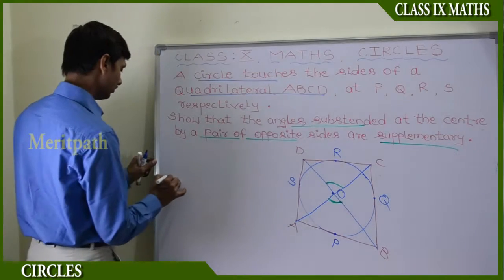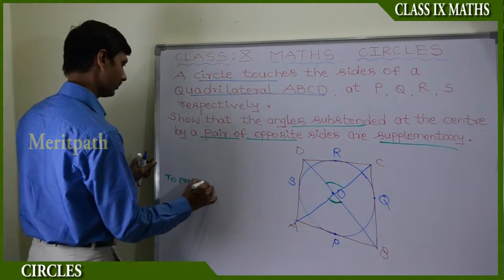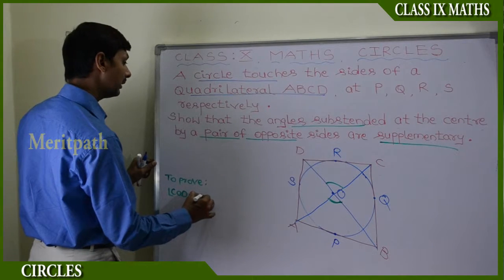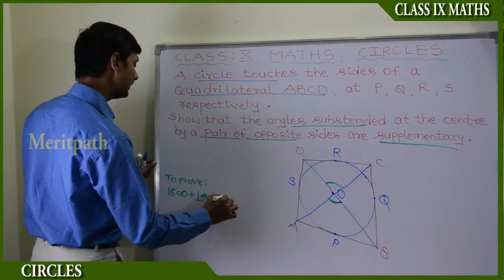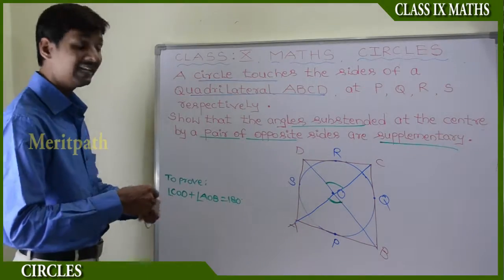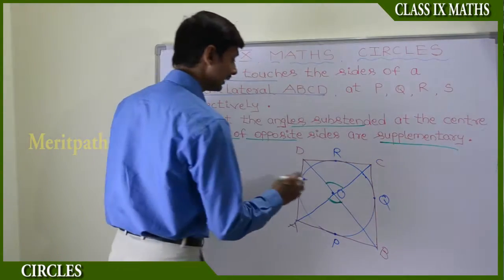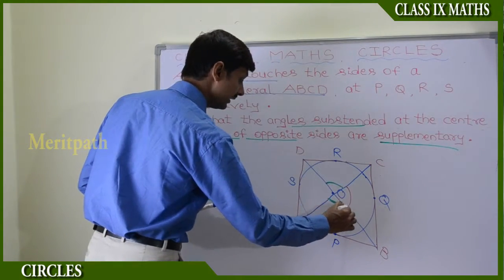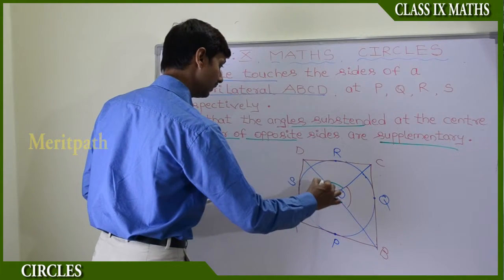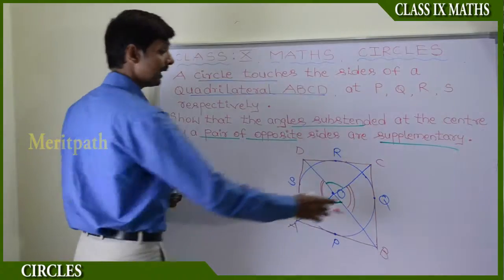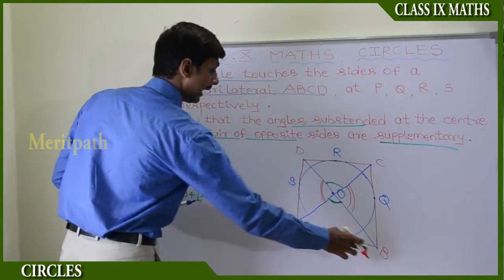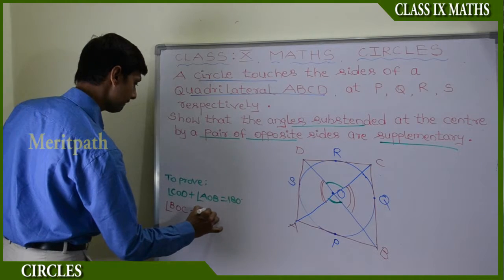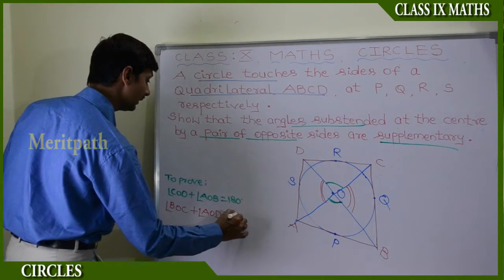So to prove that angle COD plus angle AOB is 180 degrees, and also we have the other two sides, BC and AD. The angles made with these sides are also supplementary, that is angle BOC and angle AOD, which is 180 degrees.